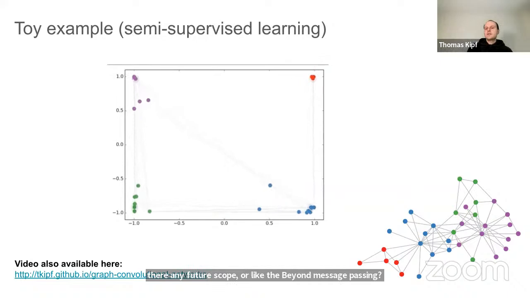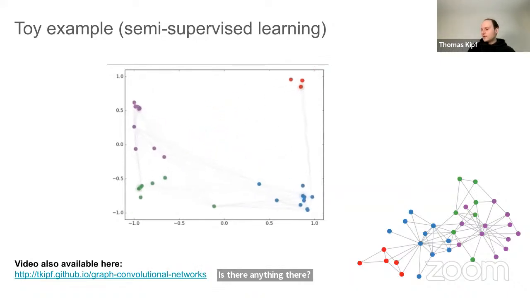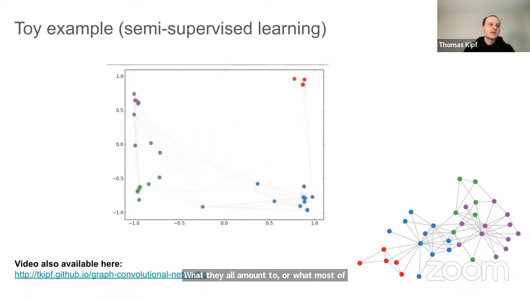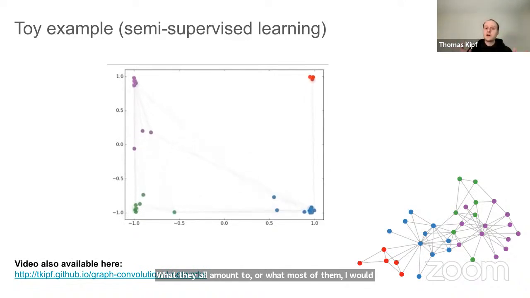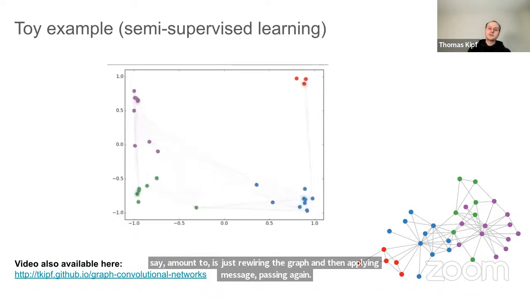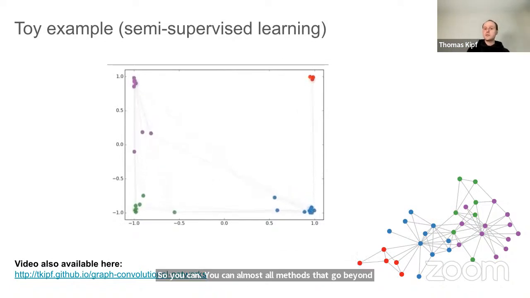That's a great question. There's a lot of work on this idea of going beyond message passing using other techniques. Effectively, what most of them amount to is just rewiring the graph and then applying message passing again. So you can interpret almost all methods that go beyond message passing as just applying message passing on a different graph.